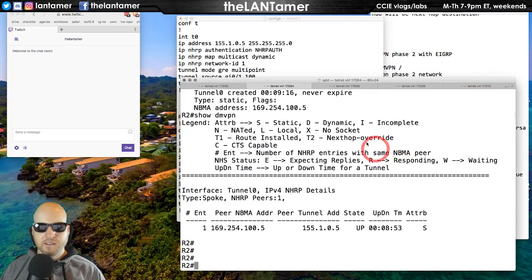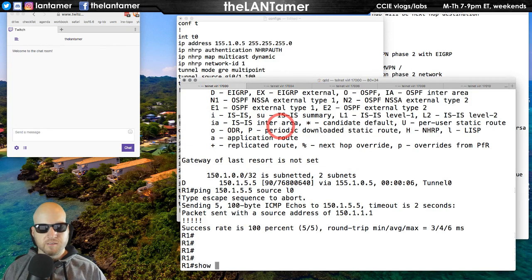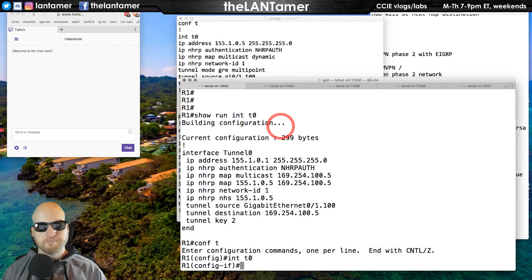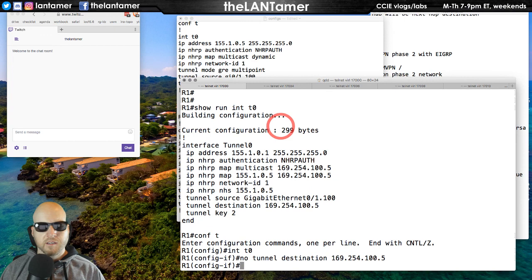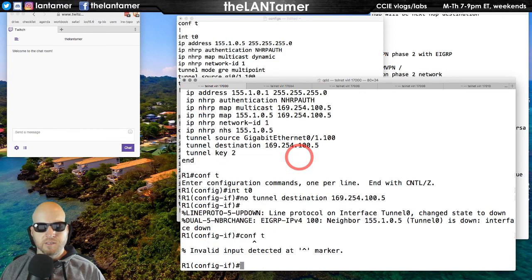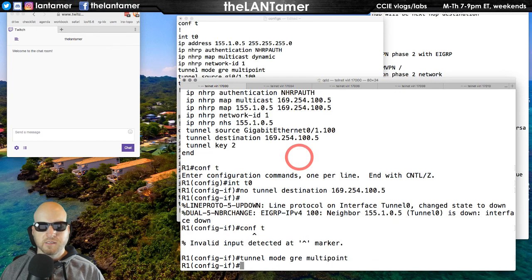All right, so on router 1, we're going to go interface Tunnel0, and we're going to say no tunnel destination. And we're going to say tunnel mode gre multipoint.